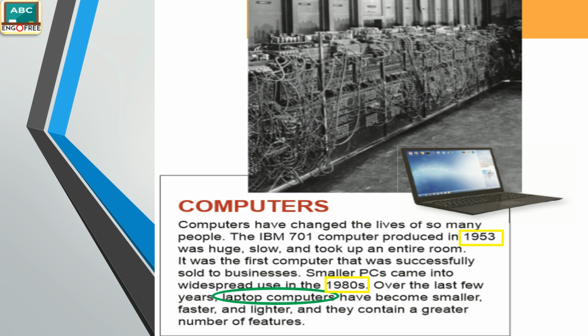The IBM 701 computer, produced in 1953, was huge, slow, and took up an entire room. It was the first computer that was successfully sold to businesses. Smaller PCs came into widespread use in the 1980s. Over the last few years, laptop computers have become smaller, faster, and lighter, and they contain a greater number of features.